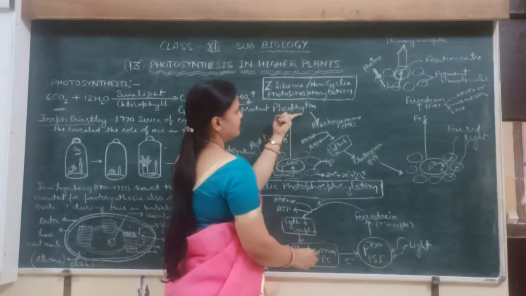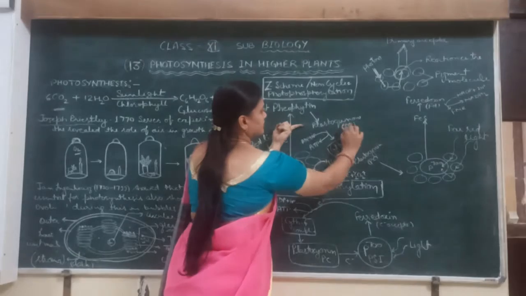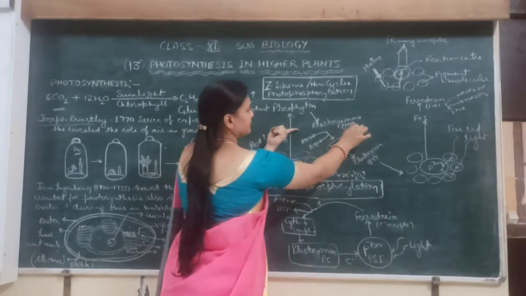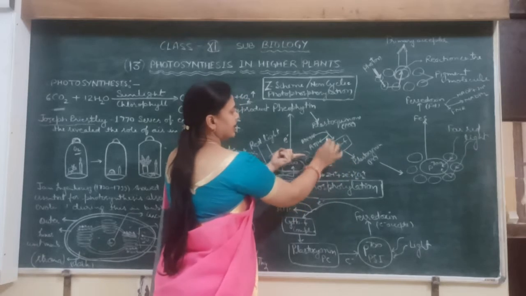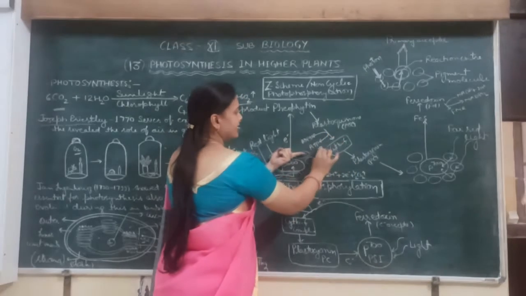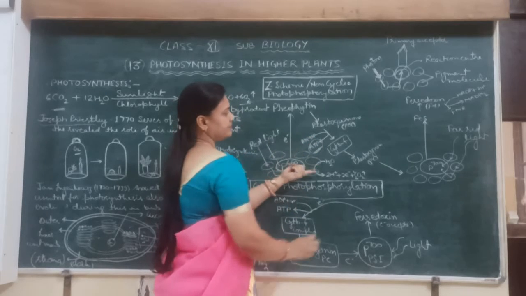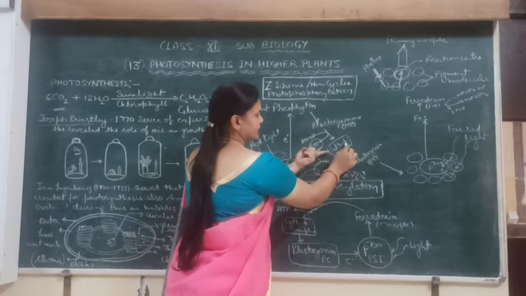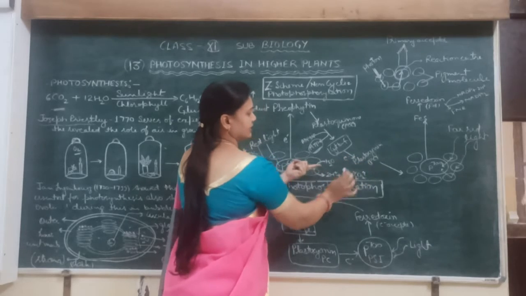Then from the pheophytin it goes to plastoquinone PQ, and from the plastoquinone it goes to the cytochrome b6f, and during this an ATP molecule is formed from an ADP molecule, and from cytochrome f the electron goes to the plastocyanin.